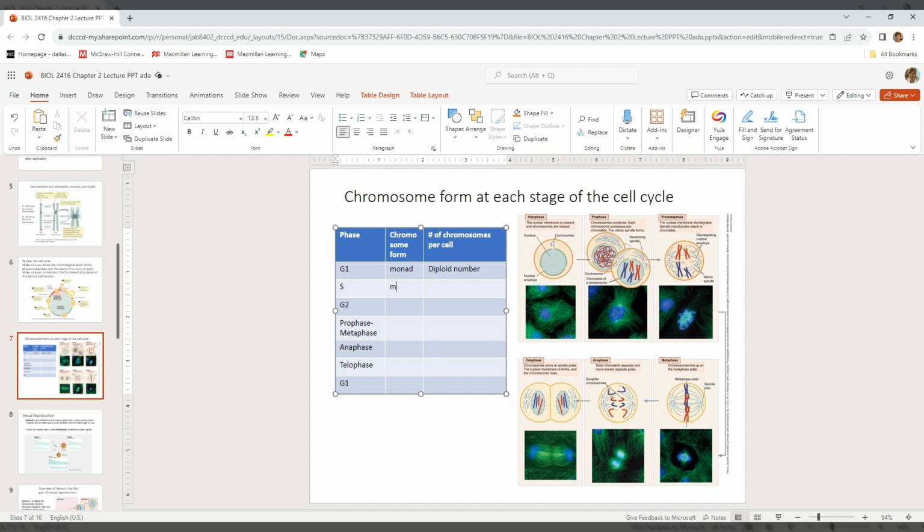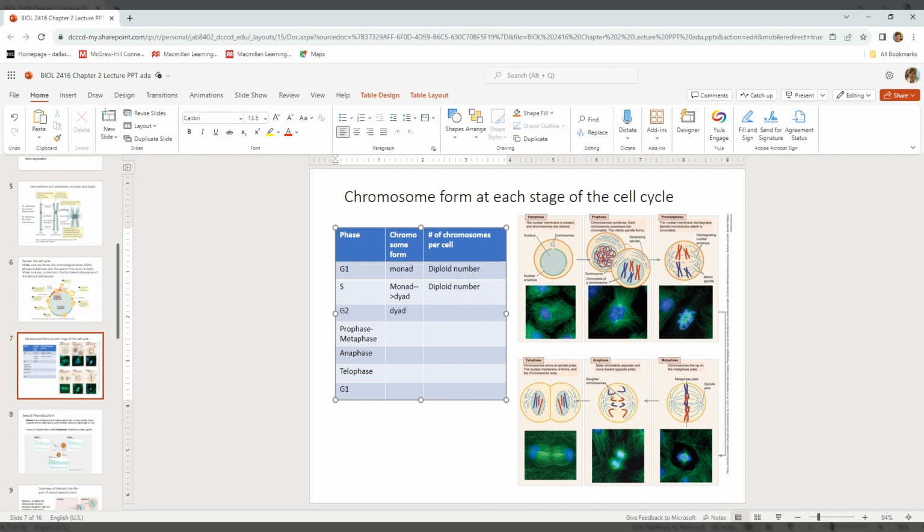In S phase, that's when the monad chromosomes transition to the dyad form because of DNA replication, but you still say that you have a diploid number of chromosomes in the cell. Remember that there's one centromere in a monad chromosome, and there's one centromere for a dyad chromosome, and we count the centromeres in order to count the chromosomes in the cell. And that's why the number of chromosomes would not be said to change.